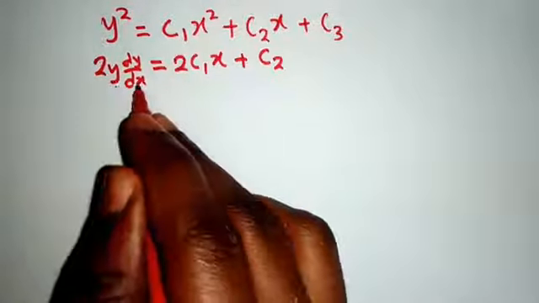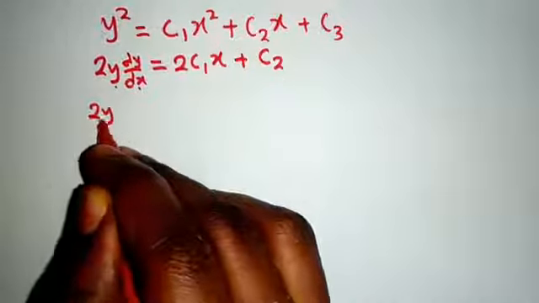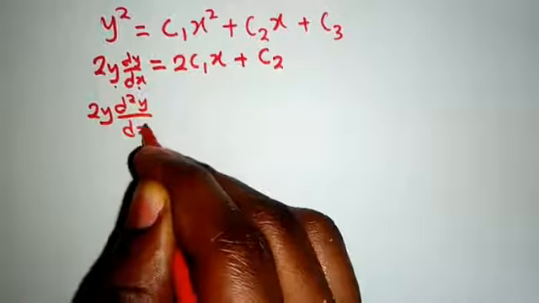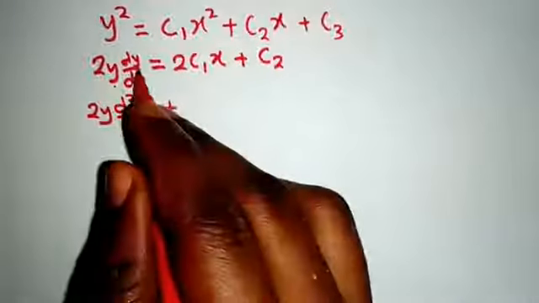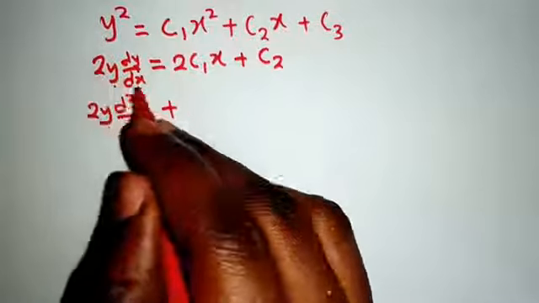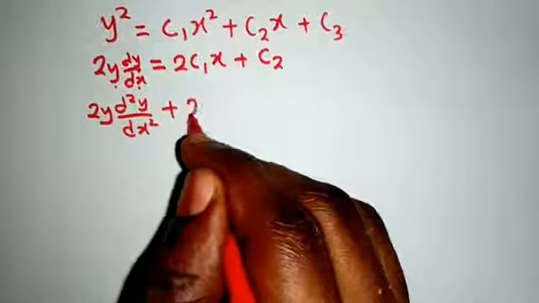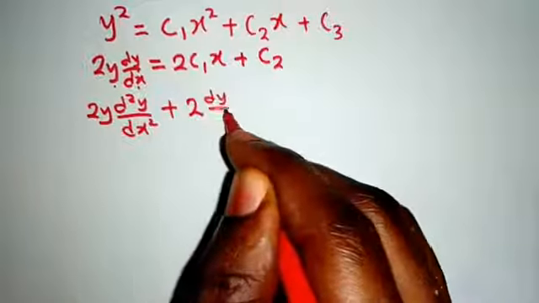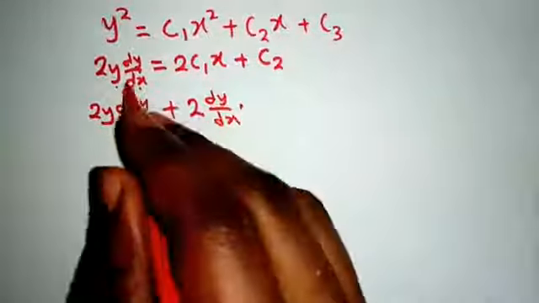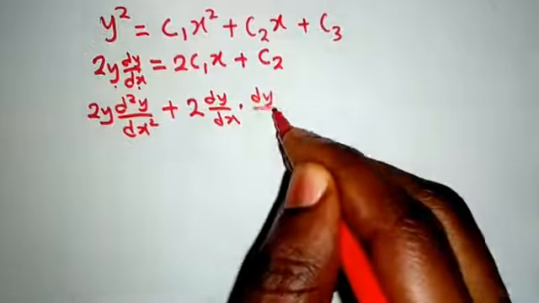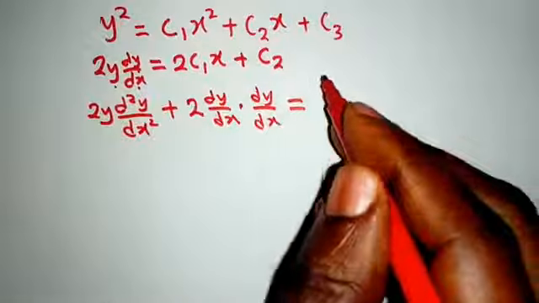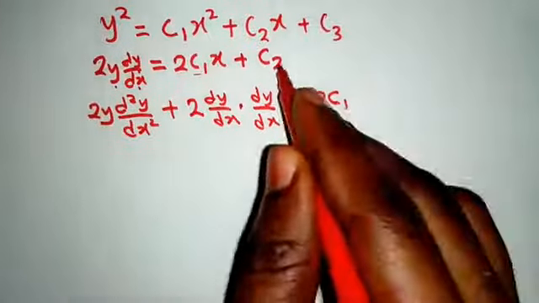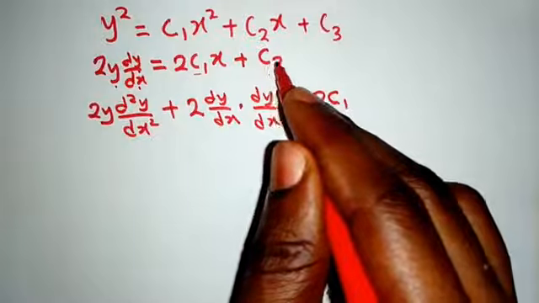We keep this constant and differentiate this. So we have 2y, differentiate this guy, we get d squared y/dx squared, plus, keep this constant and differentiate this. When we differentiate this, we get 2, but because there's a y variable here, we add the dy/dx times this guy here, dy/dx, equals, we differentiate this, we get 2c1 plus the derivative of a constant is 0.